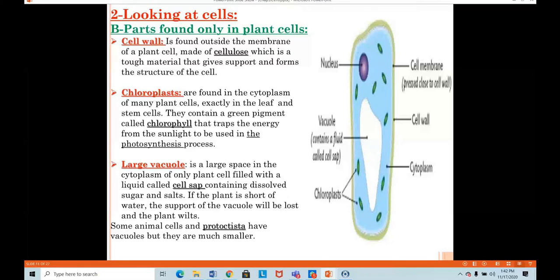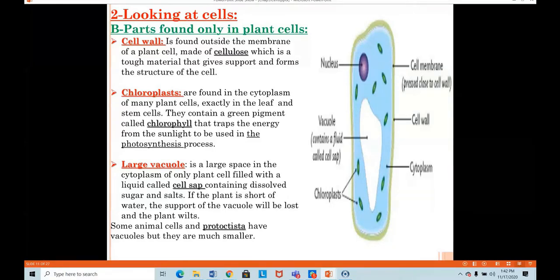So these chloroplasts contain a green pigment called chlorophyll that traps the energy from the sunlight to be used in the process of photosynthesis. So for photosynthesis to take place in the chloroplast, the chlorophyll plays an important role. What does it do? The chlorophyll captures the energy from the sunlight, which is the key factor for the photosynthesis process to take place.